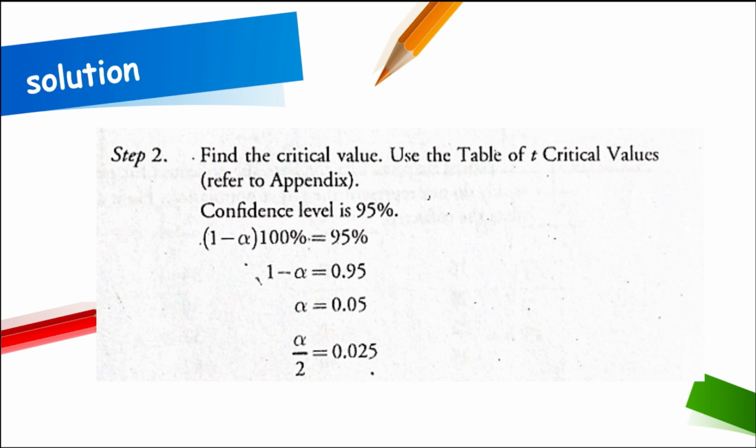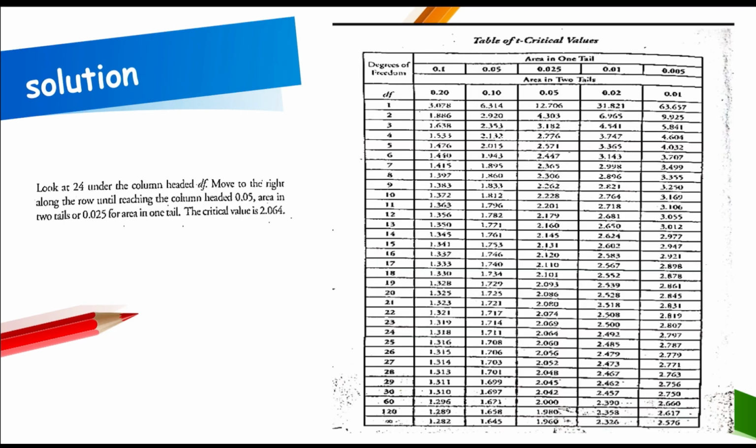Okay, since the confidence level is 95%, again, we will use the formula 1 minus alpha times 100% is equal to 95%. Solving for alpha, we have 1 minus alpha is equal now to 0.95 and alpha now is 0.05. Dividing alpha by 2, we have 0.025. Okay, why we divide? Because we consider here two tails. To find the critical value, look at 24 under the column headed degrees of freedom.